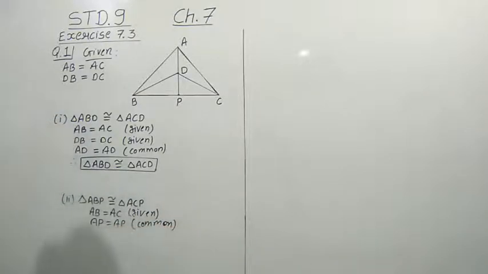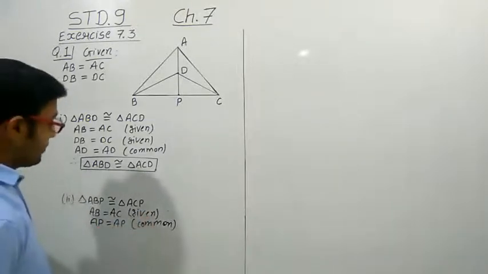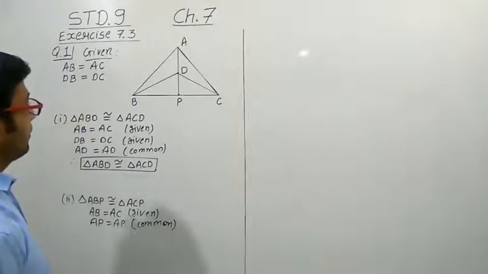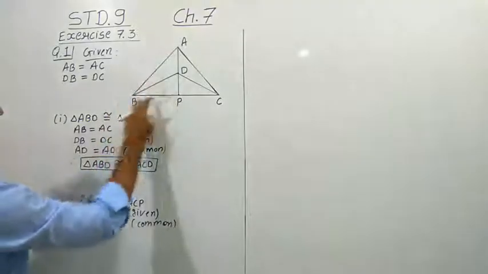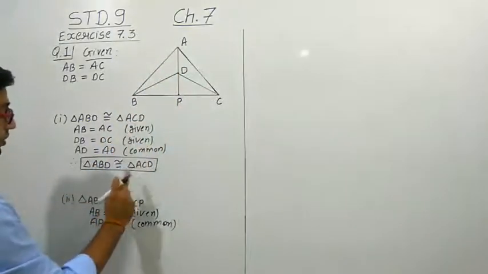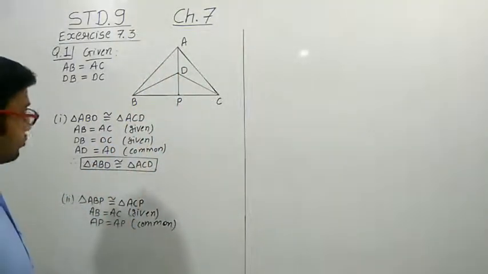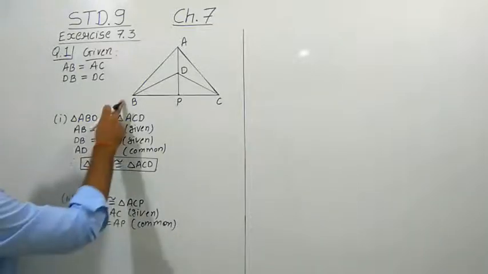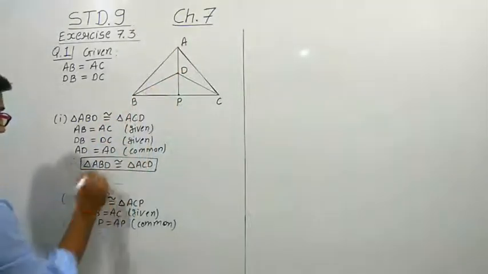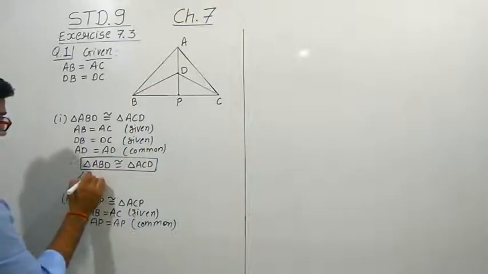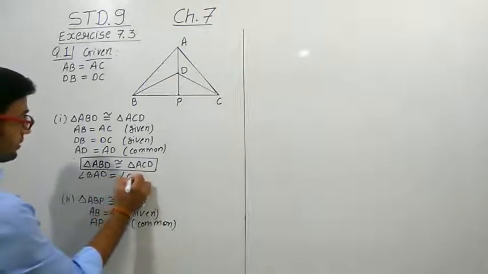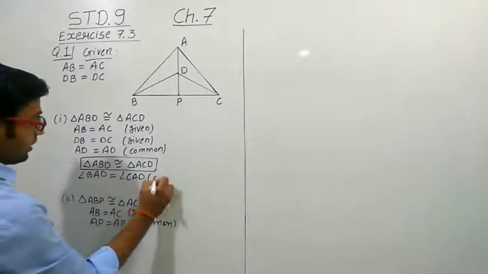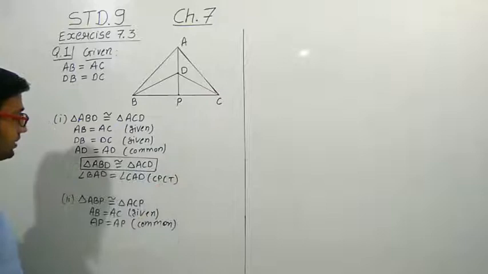Now think about the third criterion, the third equality. Two equalities we have. For the third equality, we have proved that triangles ABD and ACD are congruent, so their corresponding parts will also be equal. So here we can take angle BAD. We can write down that angle BAD is equal to angle CAD, according to CPCT.